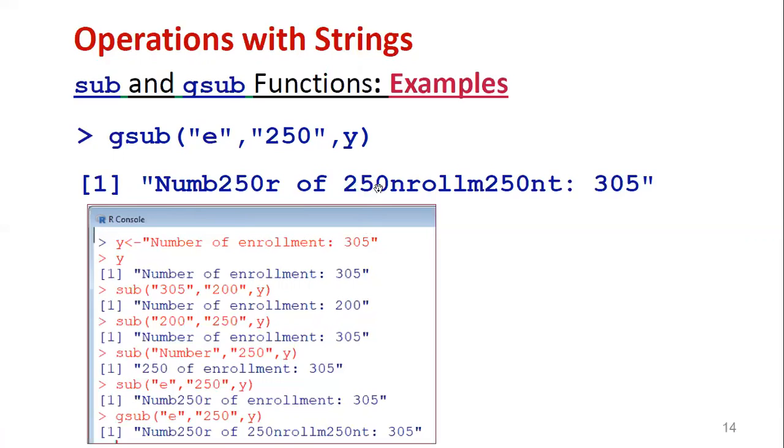Of enrollment, 2 E's are there, E, N, R, O, L, L, M, E. So in 1, 2, 3 places E is found, and all 3 places, the old E, are replaced with the new one, 250. Like that, globally all replacements can be done using gsub.